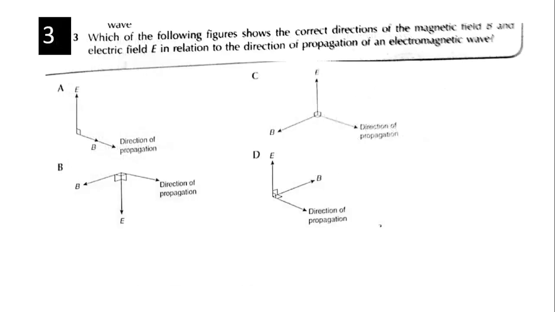Okay. This one. Which of the following figures shows the correct direction of electric field E and magnetic field B in relation to the direction of propagation of electromagnetic waves? What's the answer?